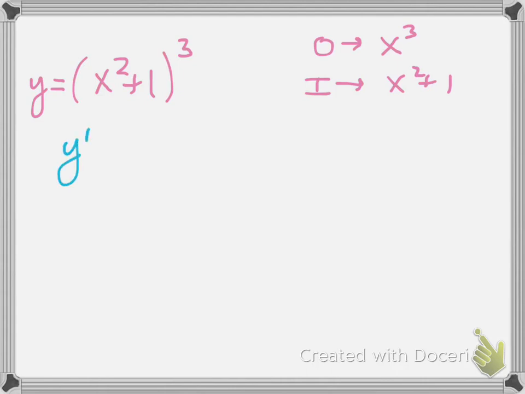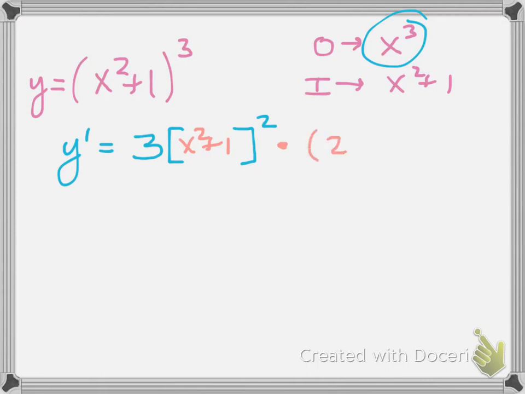When we say y prime, we're going to derive the x cubed piece. That's 3x squared, except instead of writing x squared, I have to keep the original inside function in there. Then we multiply that times the derivative of x squared plus 1, and that's just 2x.